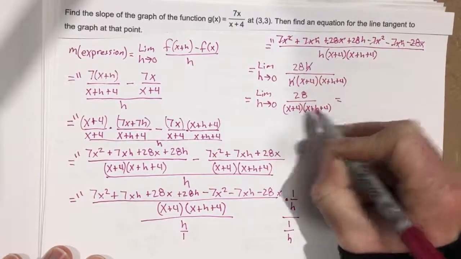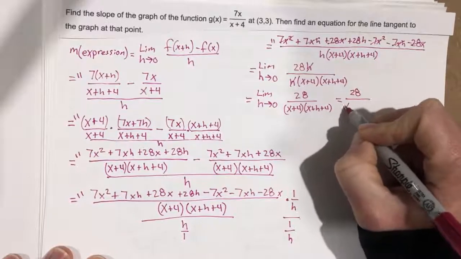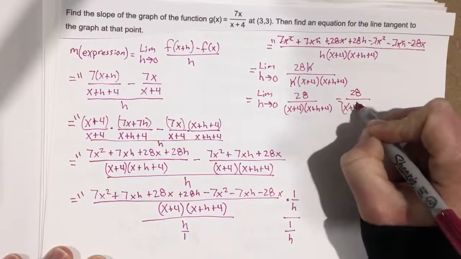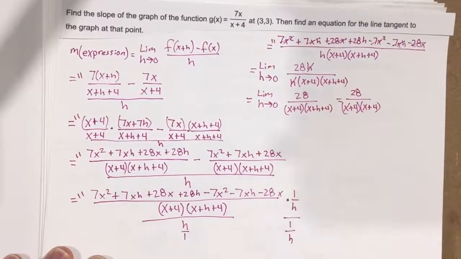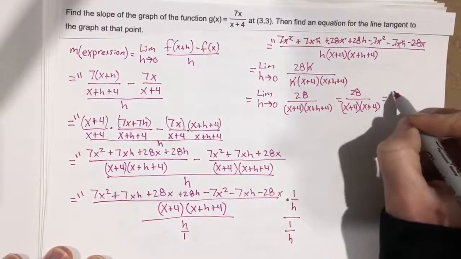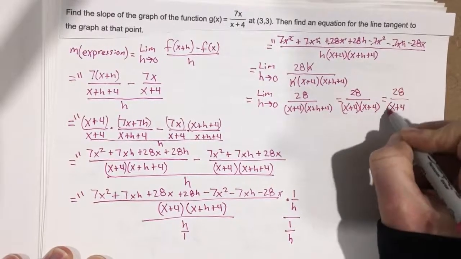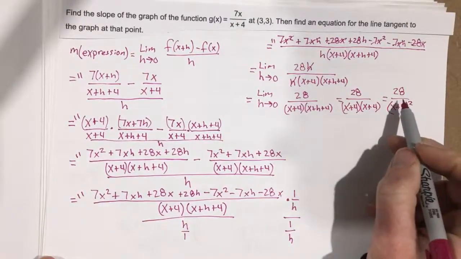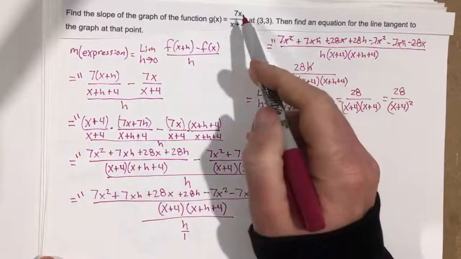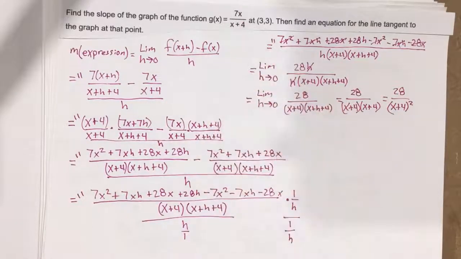When we plug in 0 for h, we end up with 28 over x plus 4 times x plus 4, which is 28 over x plus 4 squared. So this is our expression for the slope at any point on this function right there.